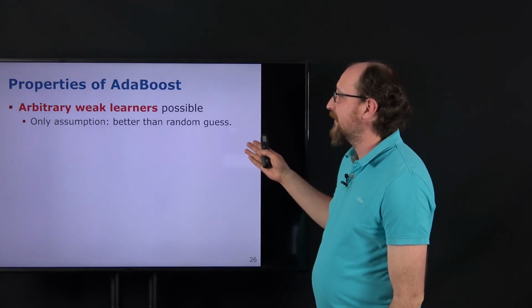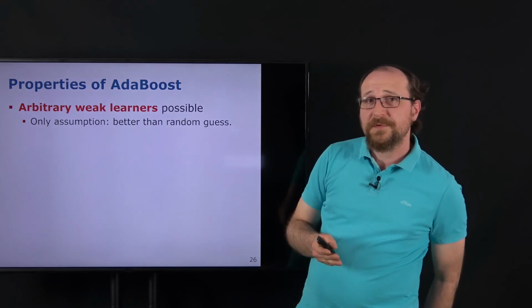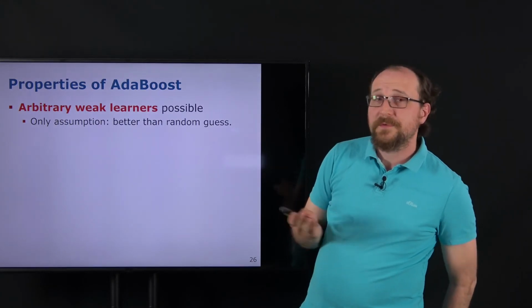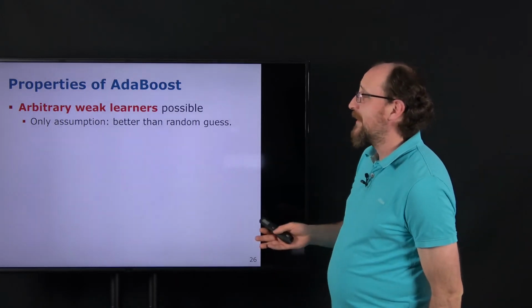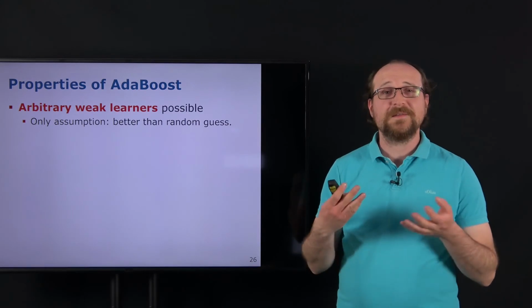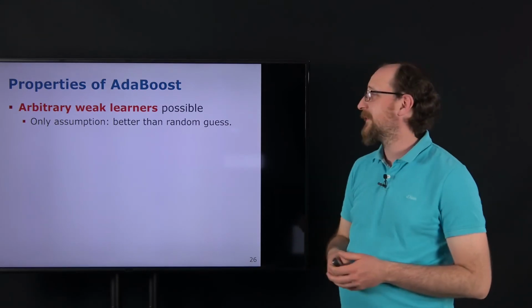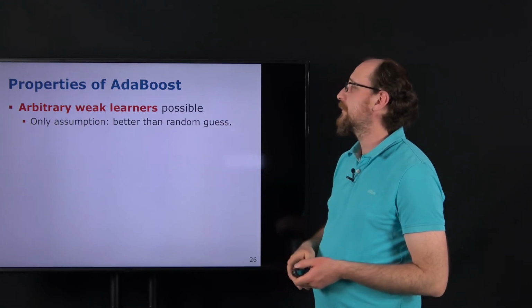The interesting thing is that now we just use the decision stumps. So that means we had only one split node, which is a very weak classifier in the end. But as you saw, by combining all these weak classifiers together, we still get a strong model out in the end. And the only assumption is that it should do better than random guess.